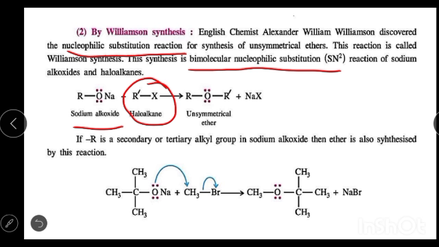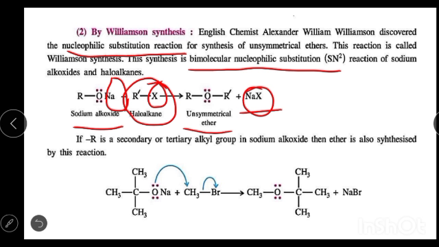Here we can see the mechanism. In the mechanism, the sodium from the alkoxide and the halide will be eliminated. This sodium halide is formed and we get the unsymmetrical ether.